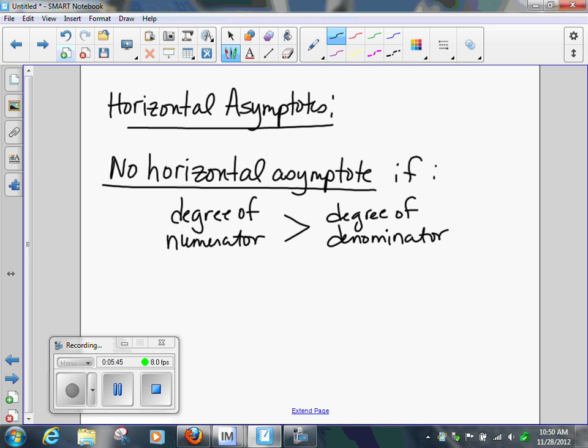There is no horizontal asymptote. And what it looks like, y'all, and we did several of these yesterday, it looks like it approaches the x-axis. Okay? But there's actually no horizontal asymptote.